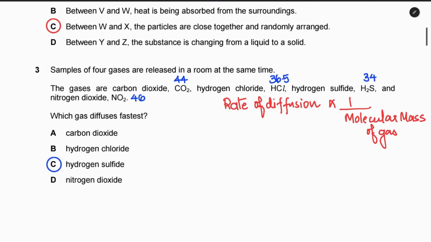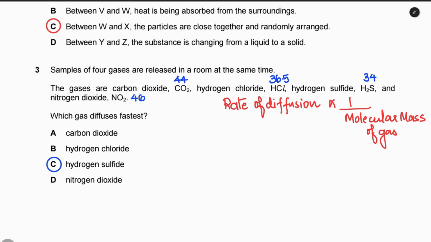Next question. A sample of 4 gases are released at room temperature at the same time. The gases are carbon dioxide, hydrogen chloride, hydrogen sulfide, and nitrogen dioxide. So you should know that the rate of diffusion is inversely proportional to the molecular mass of the gas. So we will write all the molecular masses of the gases which have been given.